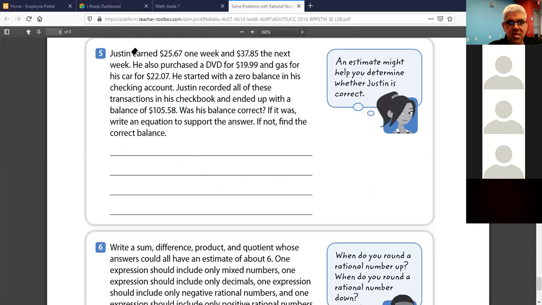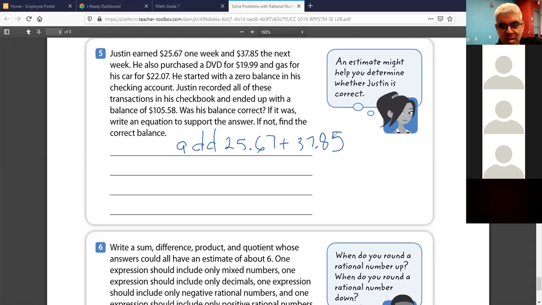So what you need to do is the following. You need to add 25.67 plus 37.85, exactly with the exact pennies and everything.